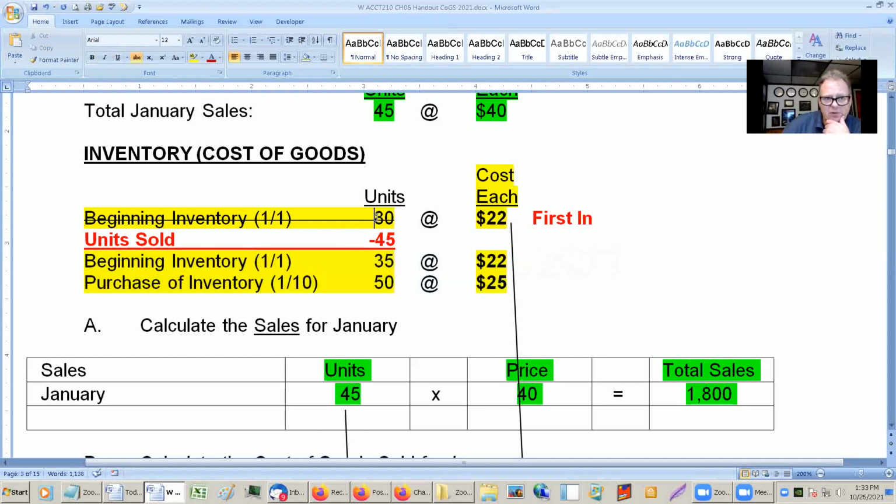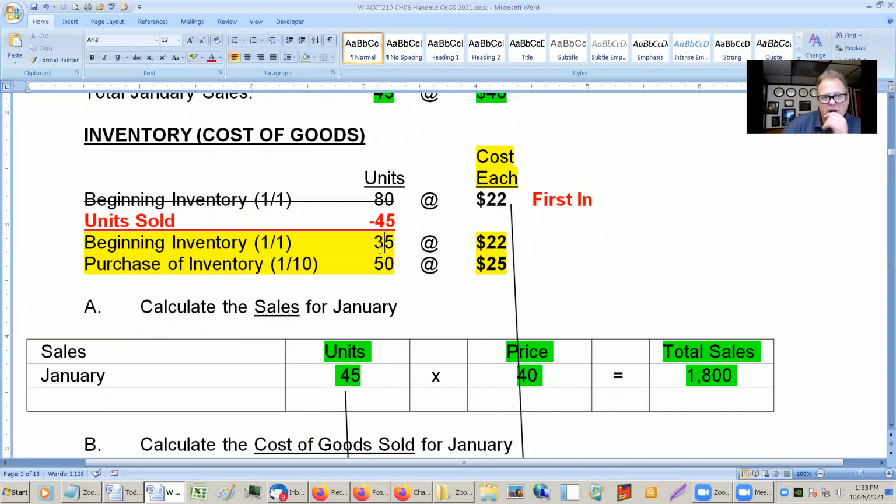We sold 45 of these. So we're really left with this for our ending inventory. Our beginning inventory will still be the 35, and the purchase of 110 will still be there, 50.